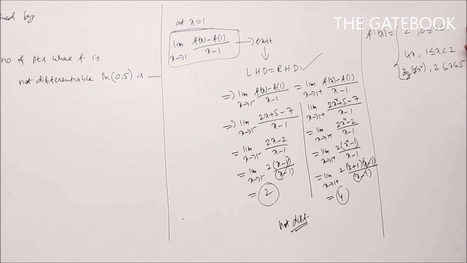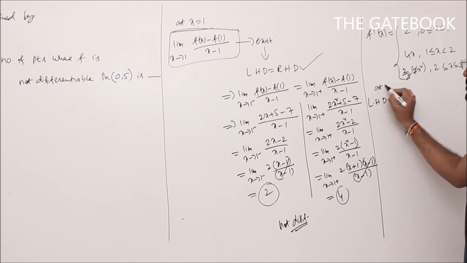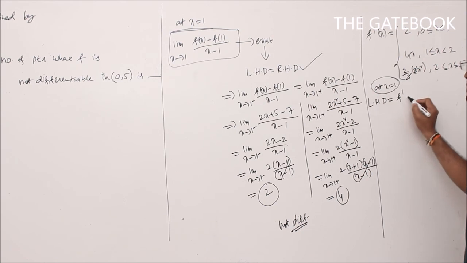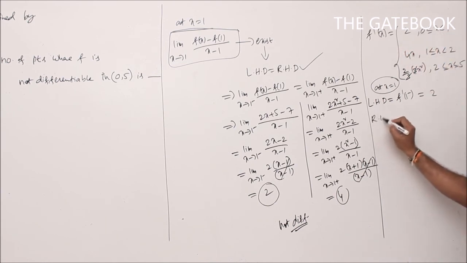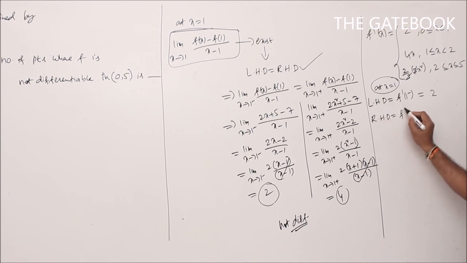Now after finding the derivative, directly here the LHD at x is equal to 1 is f dash of 1 minus. f dash of 1 minus means when x is less than 1, the corresponding function is 2. And RHD is nothing but f dash of 1 plus.